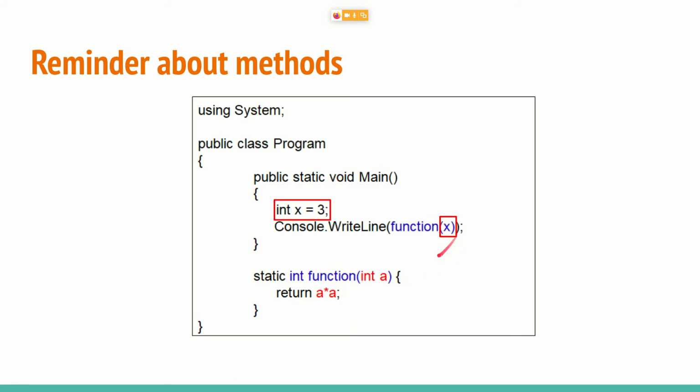Anyway, so you see it's got the little red square around it. The word I'm going to use to describe this is main is passing the variable x to function. In function it's called a, that's irrelevant. The point is something is being passed to function, and that's the word we use. So it's passing the parameter to function, the parameter x or the variable x, whatever words we want to use.